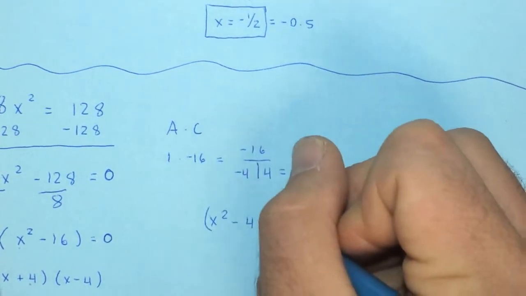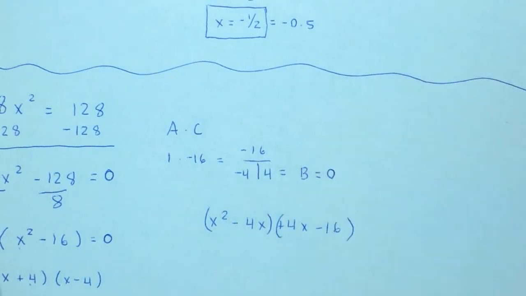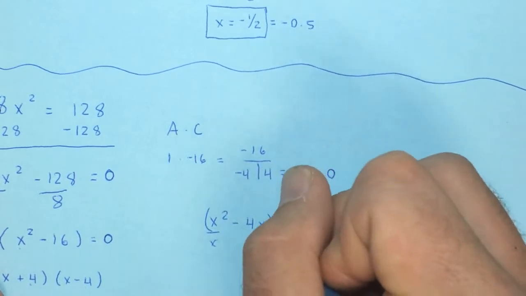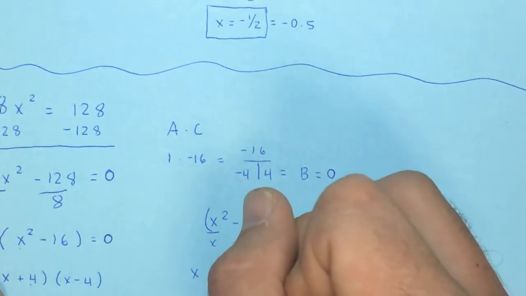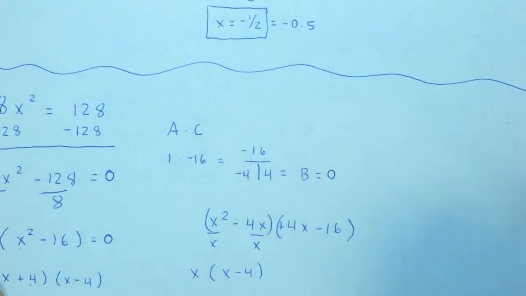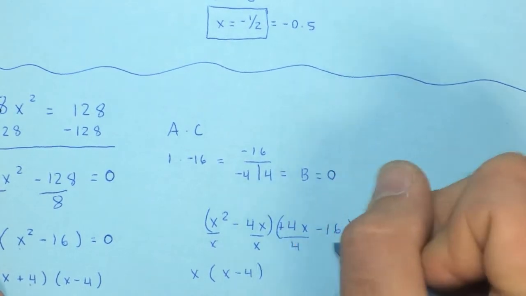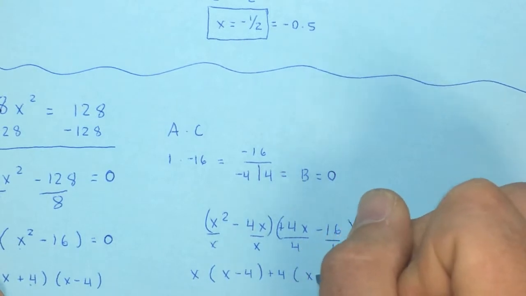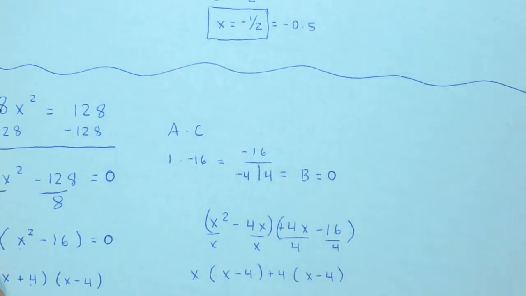I can group the first terms and the second terms. Divide through by GCF. This one only has an x to pull out, so I have x, and I have x minus 4. This one I can only pull out a 4, so it's going to be a positive 4 and x minus 4 again.